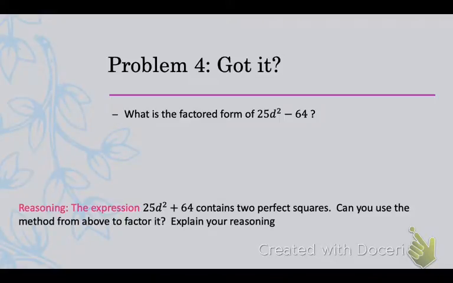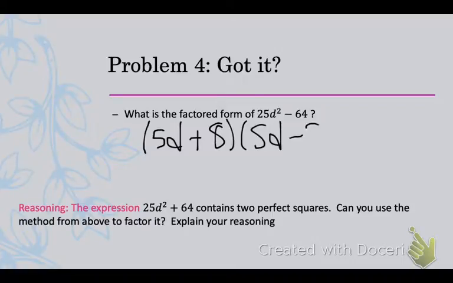All right, I want you to try this one, and I want you to think about the bottom question here. Pause it, try it. All right, so you should have gotten 5d plus 8 and 5d minus 8.